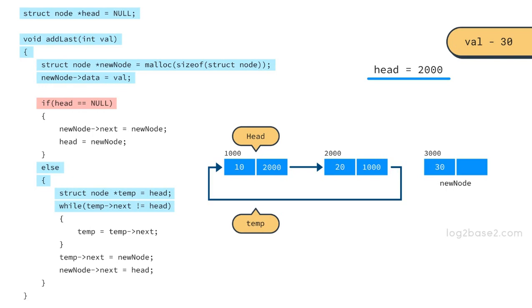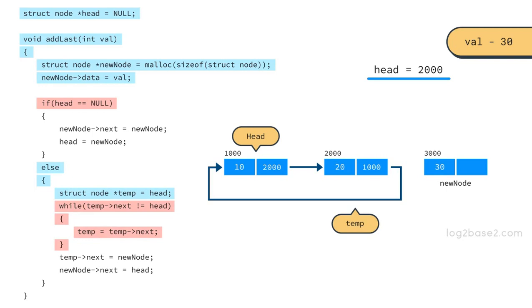Now check if temp next not equal to head. It is equal to 2000 and not equal to head, so condition is okay, so go inside and move temp to next node. So temp equal to 2000 now. Now check if temp next not equal to head, that is 1000, but temp next equal to 1000 here, that means this is the last node, and the condition fails here and the loop will terminate.